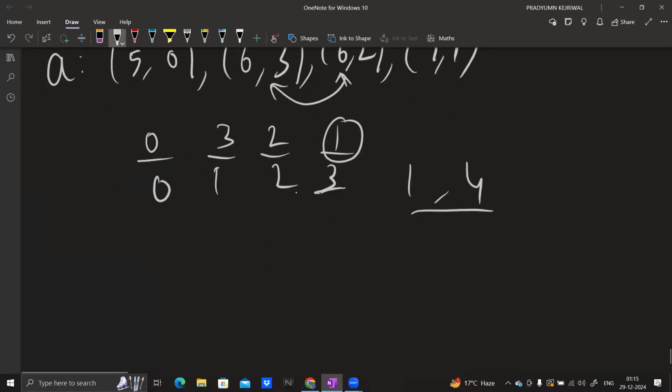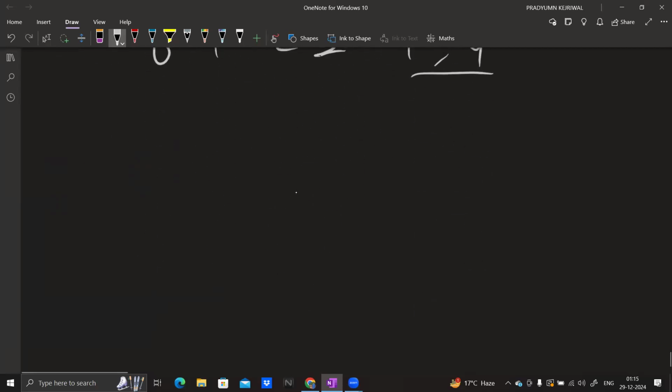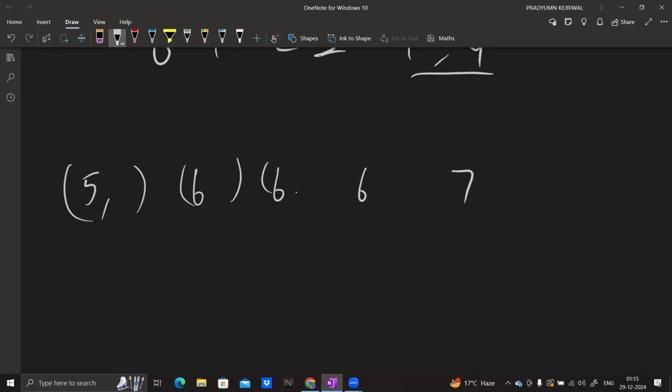So let's say we had many 6s. Let's say we had something like 5, 6, 6, 6, and 7. And the indices, let's say just random, 3, 1, 2, 4, 0.